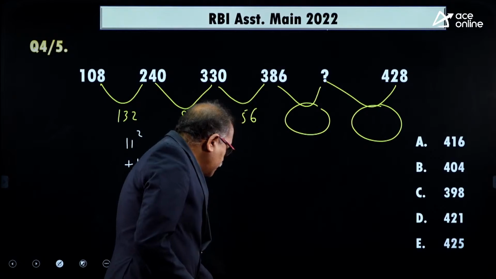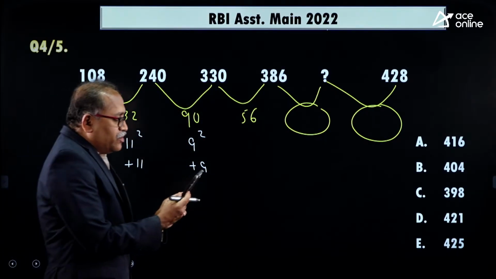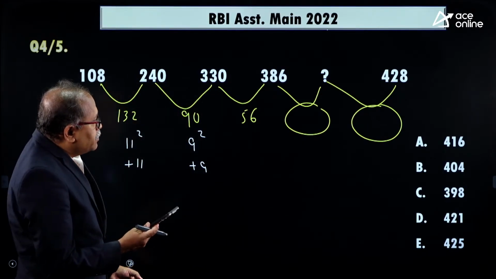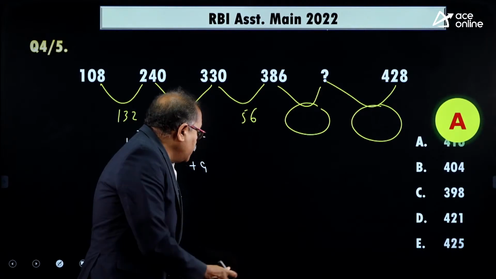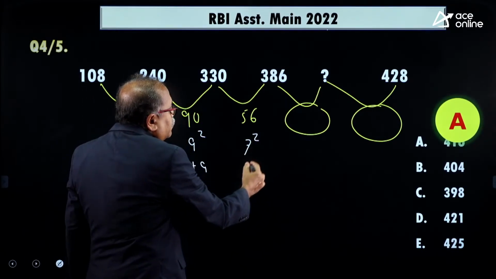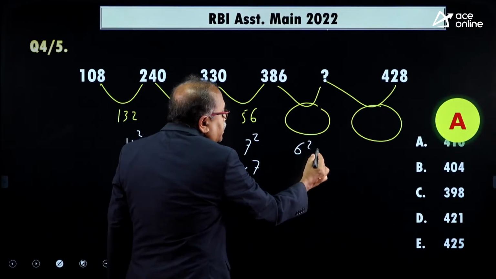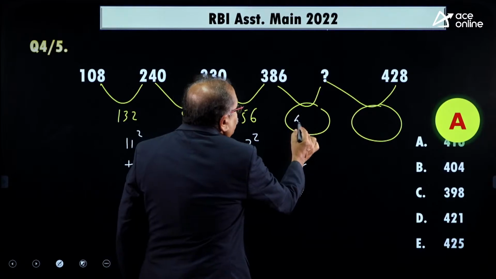Anyone answered it? Okay, Mr. Pawan, when you are there, you rock the board. So, 416, Pawan has said option A. You are right, Mr. Pawan. You are right. So, that is the next one. This is 7 square plus 7, I noticed that. So, the next one should be 6 square plus 6, that is 42, and add 42 to this number.